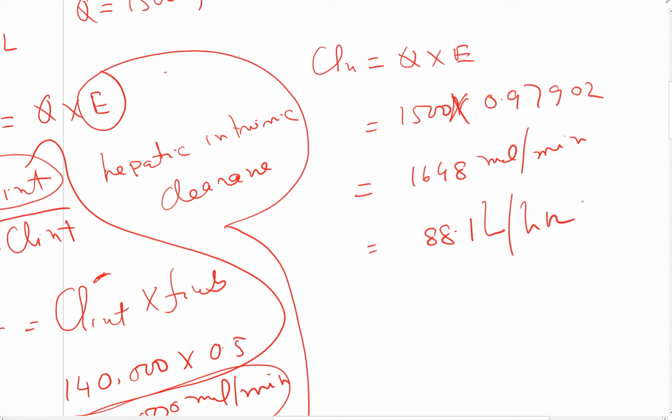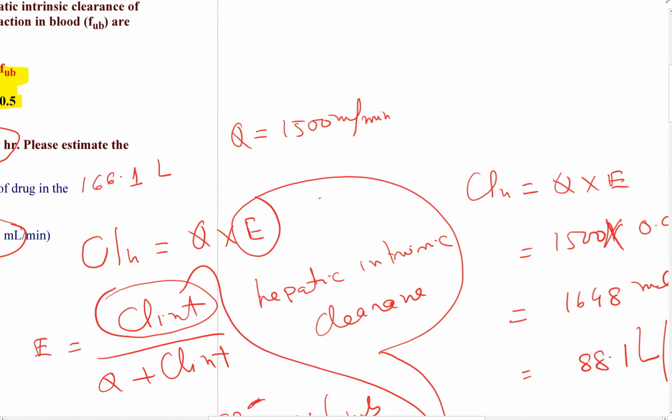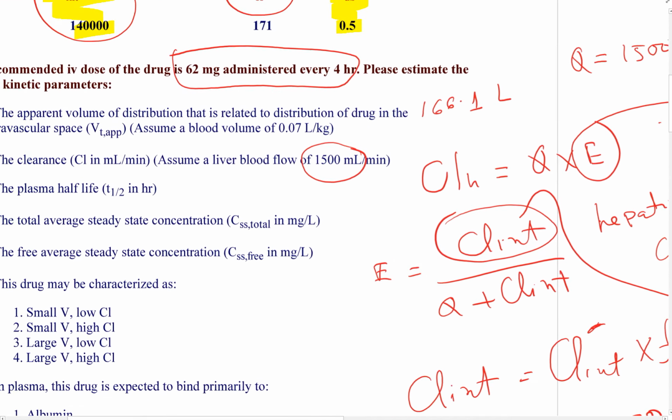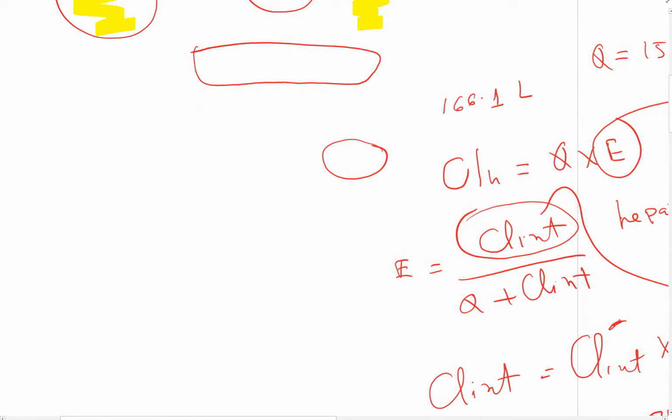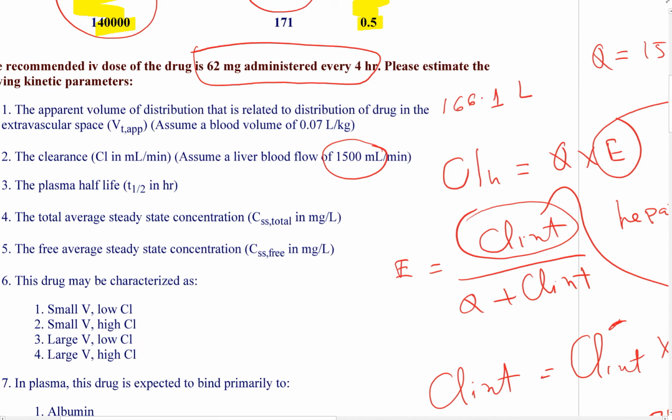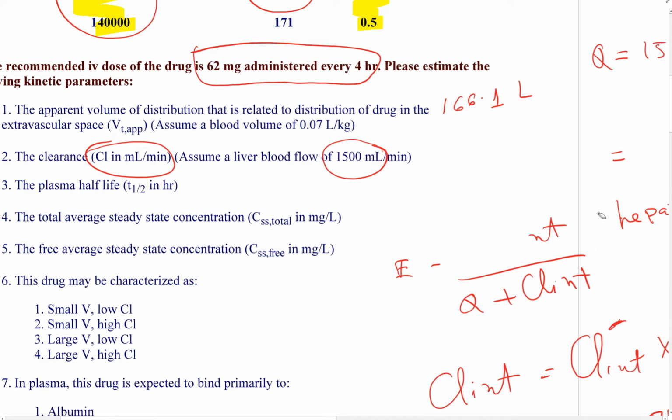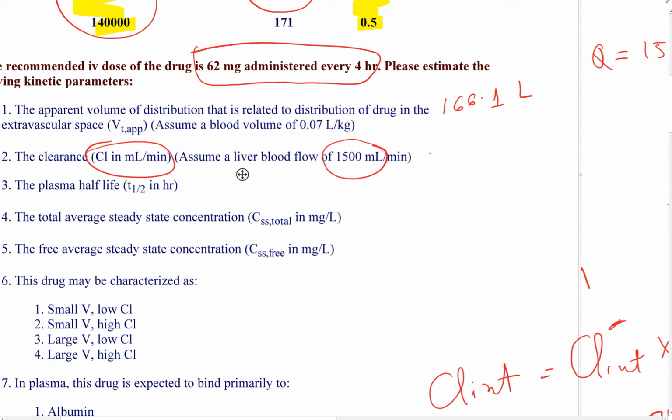The question asks for clearance in milliliter per minute, so our answer is 1468 milliliter per minute.